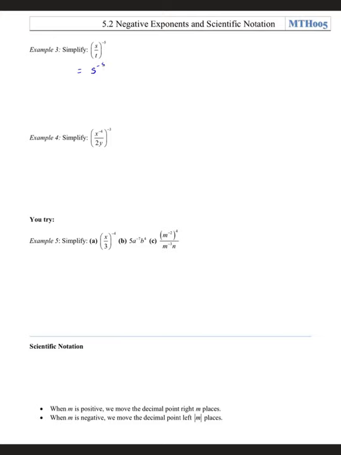So s to the negative fifth over t to the negative fifth. Now since these both have negative exponents, we'd want to send the numerator to the denominator and the denominator to the numerator. So here we'd have t to the fifth power over s to the fifth power. Now that they have the same exponent, we can even say t over s, all to the fifth power.